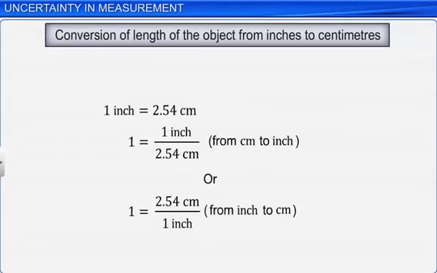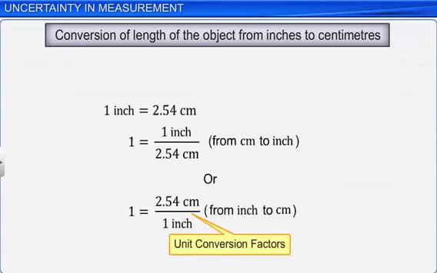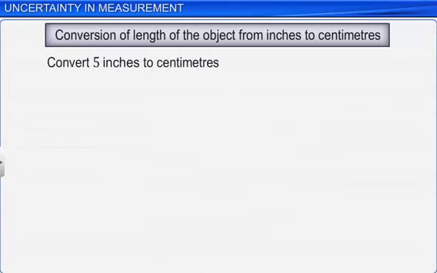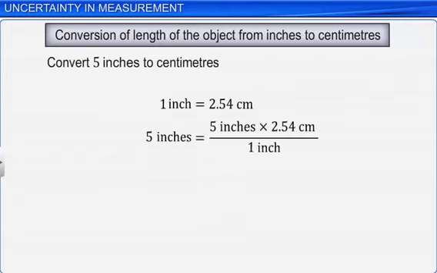divided by 1 inch. The quantities 1 inch divided by 2.54 centimeters and 2.54 centimeters divided by 1 inch are known as unit conversion factors because they convert a quantity expressed in one unit to a quantity expressed in another unit. For example, if we want to convert 5 inches to centimeters, then multiply the given quantity by a suitable conversion factor, retaining the units of the physical quantity and that of the conversion factor.